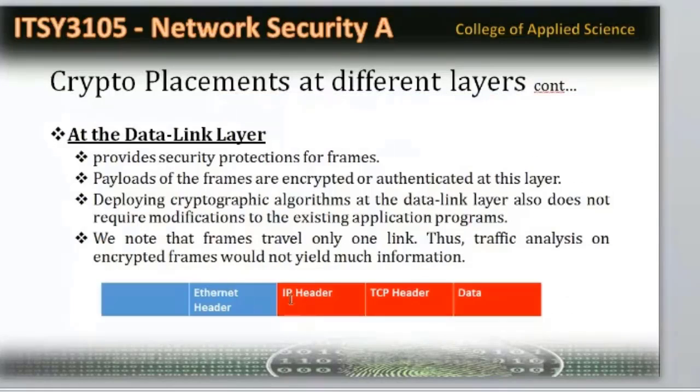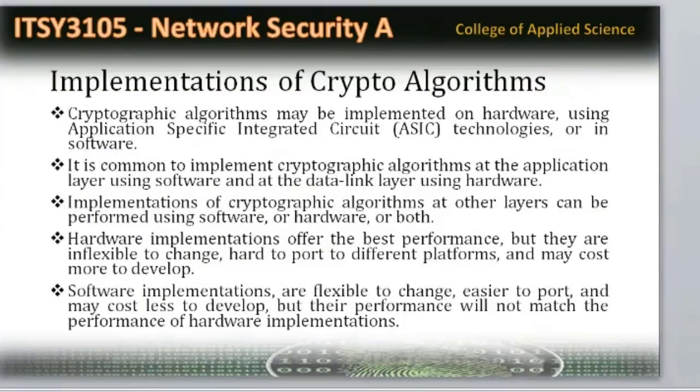In the next layer, we are going to encrypt everything together. So this is the way you can do the encryption in the layers. Some protocols are available for doing this. It will come in our course, and slowly we will study about this. So this is about how to implement the cryptographic algorithms.